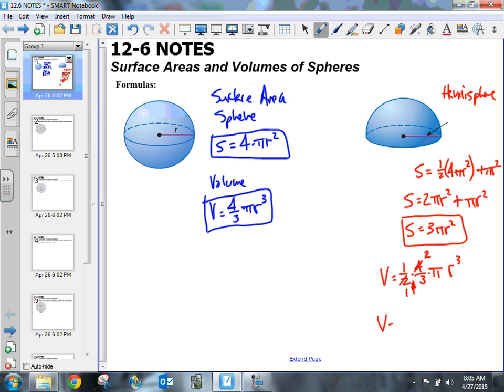All right, so our volume then becomes 2/3 times pi times radius cubed. So these we need to keep somewhere safe, somewhere where we're going to be able to remember them, and I'd put them on your note card for the exam because these are kind of hard to remember. So let's just go ahead and jump into this.